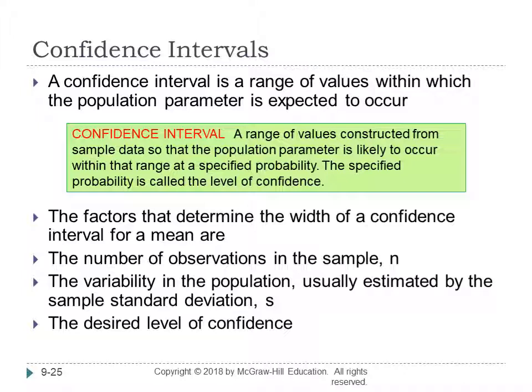These are the three factors that will affect the width of the confidence interval. The number of observations in the sample, which is n, also the variability or the variation in the population, which is normally measured using S, standard deviation, and the third thing is the desired level of confidence.